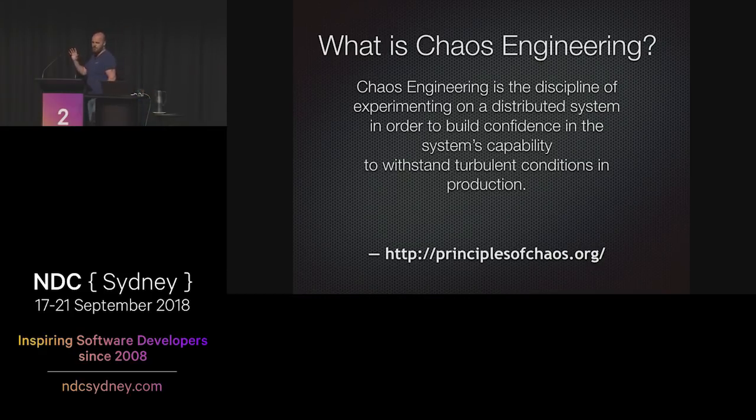We're going to try and get through this pretty fast today because, as I said, we all want to go and have a beer. So chaos engineering is the discipline of experimenting on a distributed system. That experimentation gives us confidence in the capability, and it also gives us confidence that we can withstand production problems.